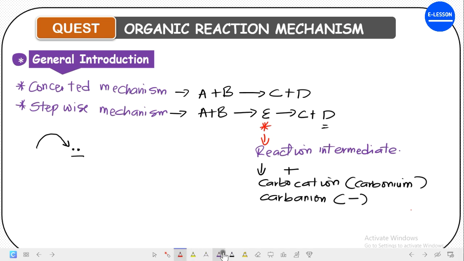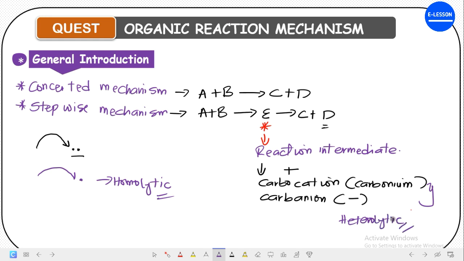However, when you use a half arrow, it means you are moving a radical, or one electron. Is that not so? Now we discussed what a radical is, the product of what kind of cleavage? Homolytic cleavage. While the cations and the anions are products of what kind of cleavage? Heterolytic.